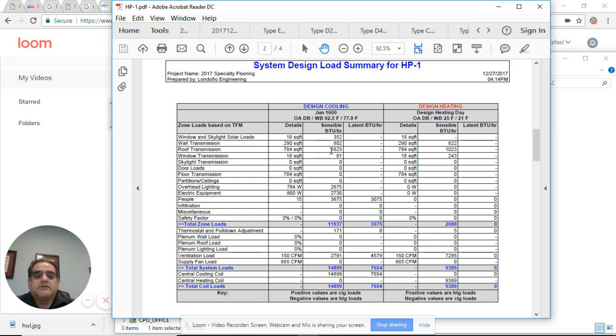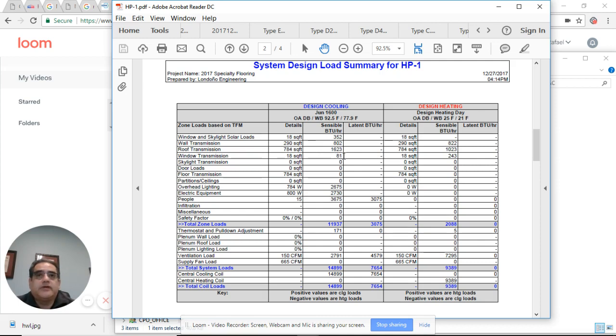The roof makes a difference. If you notice, it's twice the size of what happens through the walls. The roof usually makes a bigger difference than the walls because it's obviously more exposed directly to the sun. Window transmission, not a lot. This is in the office space because there's only one little window, right?